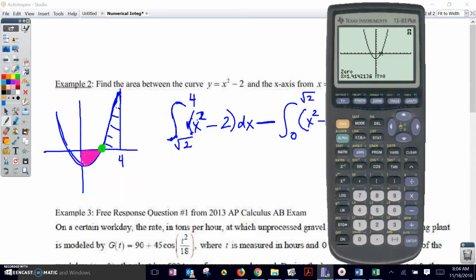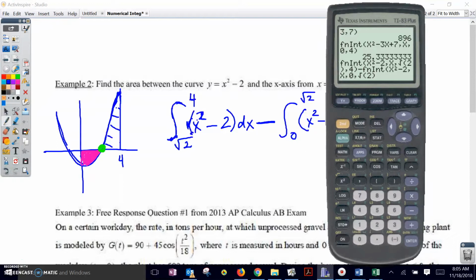I'm going to find the numerical integral of x squared minus 2 with respect to x from square root of 2 to 4, and I'm going to subtract away the numerical integral of x squared minus 2 from 0 to the square root of 2.